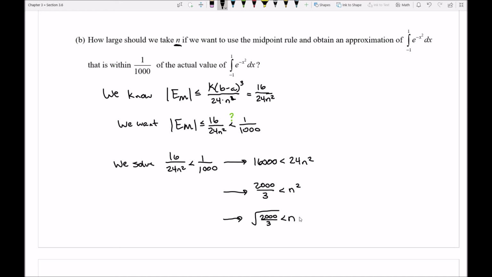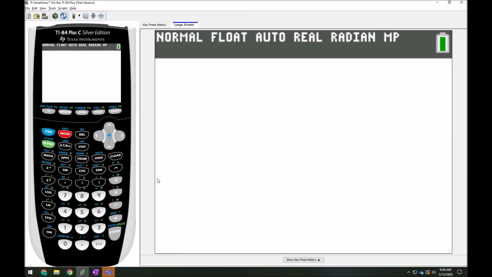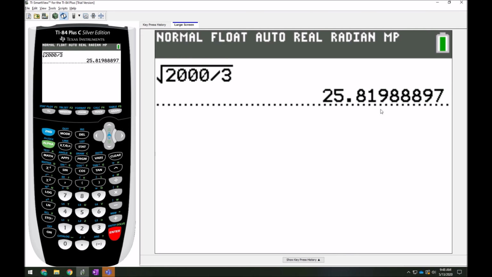And now I can start to search for n values that are going to be greater than this square root value. Well, if I switch back to my calculator here really quickly, I can see that if I was to do something like the square root of 2,000 divided by 3, that's a value that's roughly 25.8. So what values of n, what number of rectangles would be greater than 25.8?